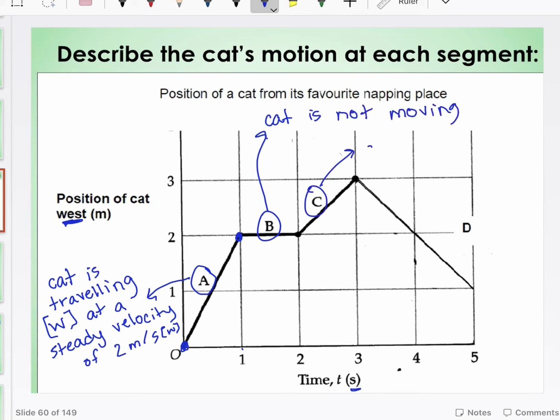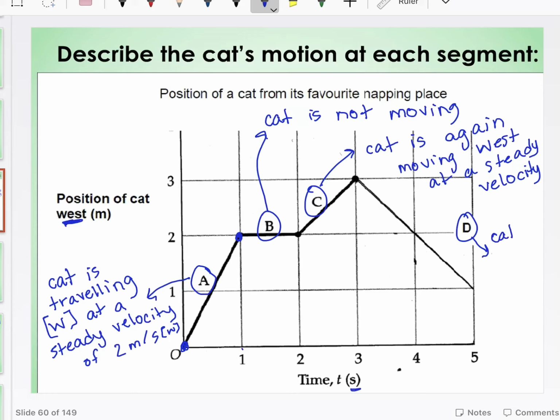At D, the cat has turned around because now the slope is going backwards, moving again at a constant speed or velocity. So that's how I would expect you to describe motion in a graph. You need to be able to recognize constant speed or velocity, no motion, acceleration, and the direction.